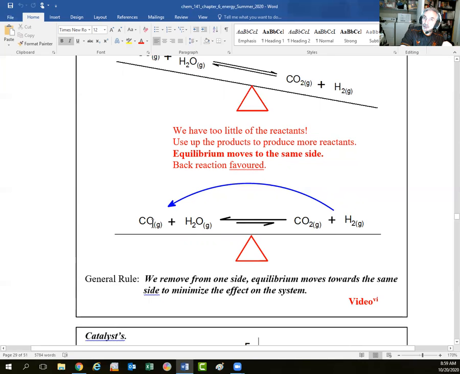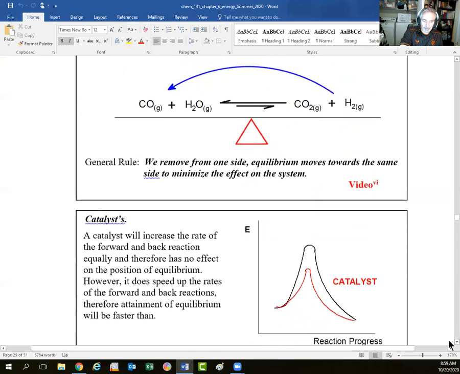So the back reaction is still taking place at the same rate initially. It's the forward reaction which slows down, and so the competing back reaction starts winning and moves equilibrium in its direction, to the left. So adding a chemical, we move away from that chemical. Removing a chemical, we move towards that chemical.